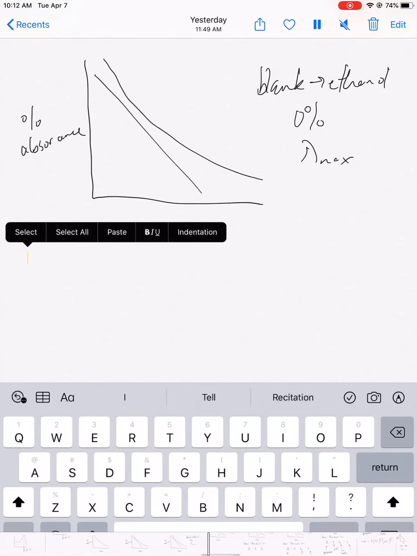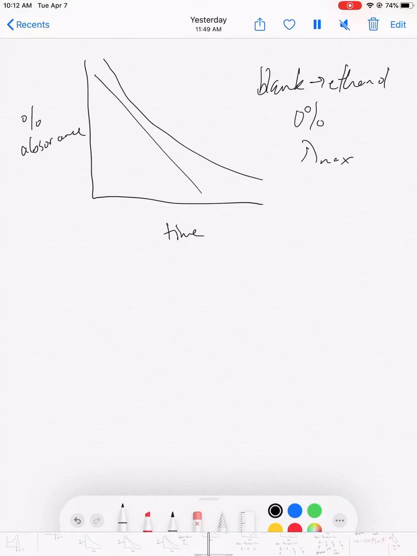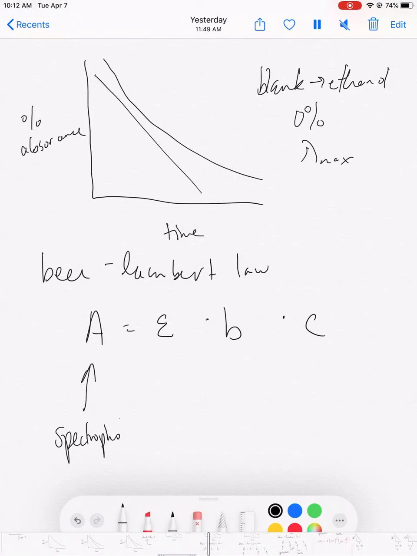There's another thing about absorbance that you can use, and that's called the Beer-Lambert law. The Beer-Lambert law is A equals epsilon times the path length times the concentration. A is basically the reading that the spectrometer gives you.